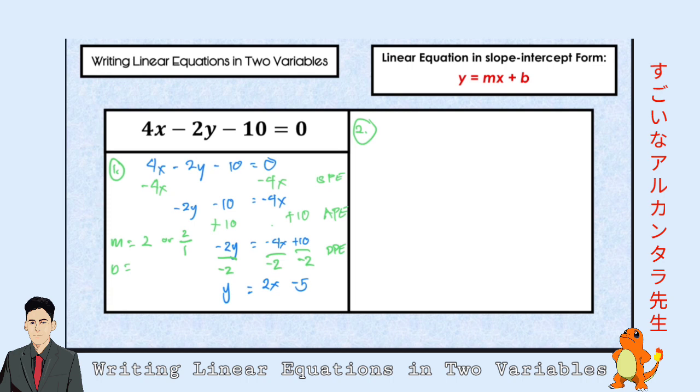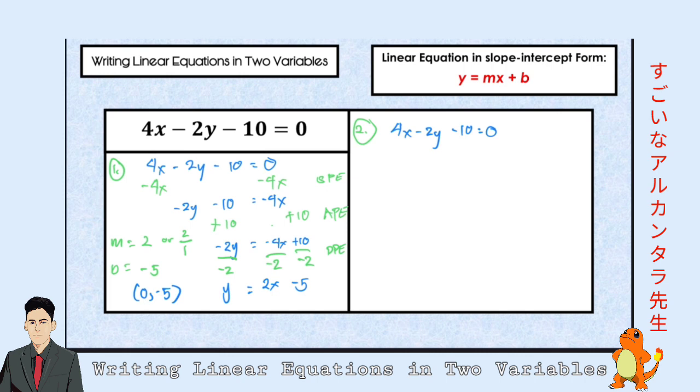Here, our b is none other than negative 5. Therefore, we can identify an ordered pair located at (0, negative 5), again because we get the y-intercept or the b when x is equal to 0. So, (0, negative 5).